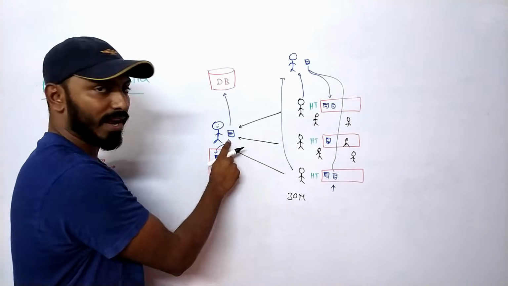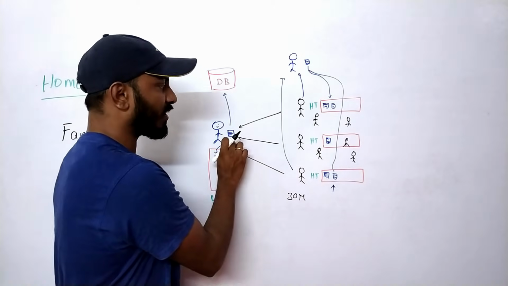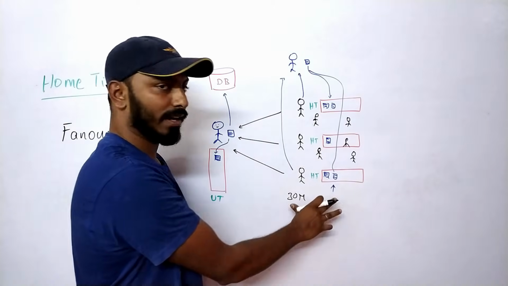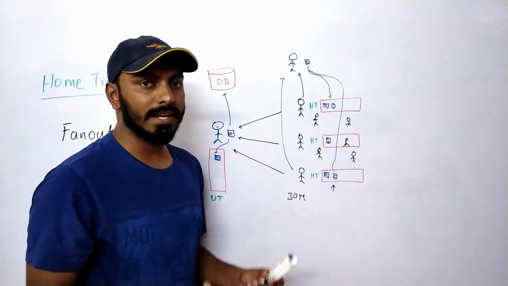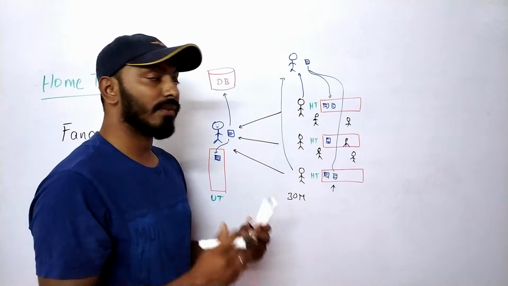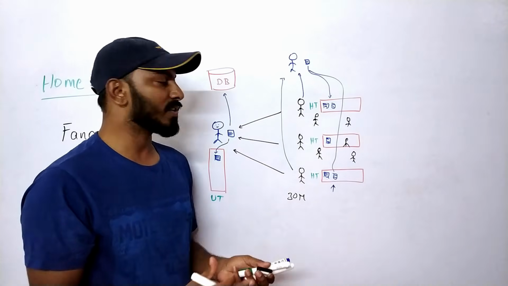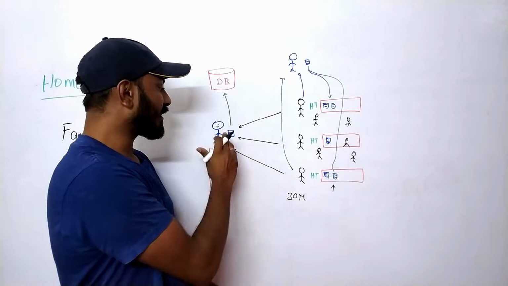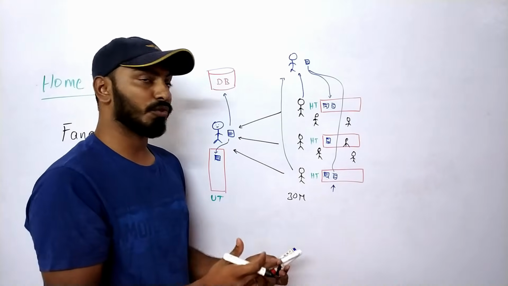When this celebrity tweets, is it an easy task to update this tweet into all 30 million persons' home timelines? It easily takes minutes, even on Redis. So we need to follow a different approach for dispensing the tweets made by celebrities. Let's see how to do that.